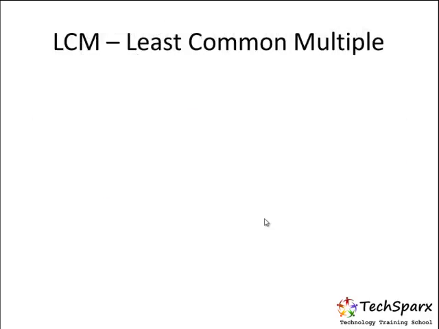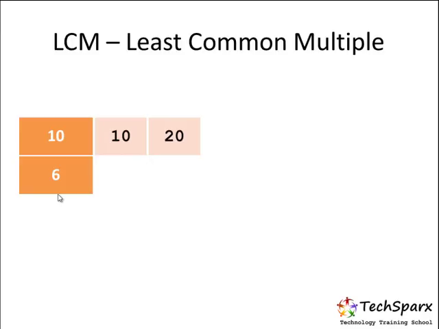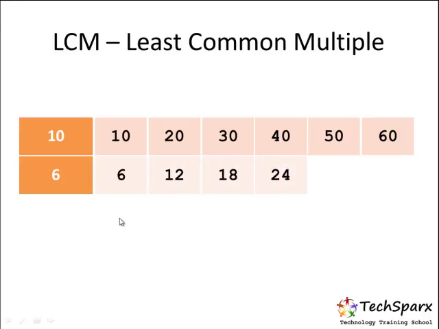So let's also see what is LCM, least common multiple. First we need to display the multiples of 10 and 6. The multiples of 10 are 10, 20, 30, 40, 50 and 60. You can keep going ahead, 70, 80, 90, keeps on going. The multiples of 6 are 6, 12, 18, 24, 30 and 36.